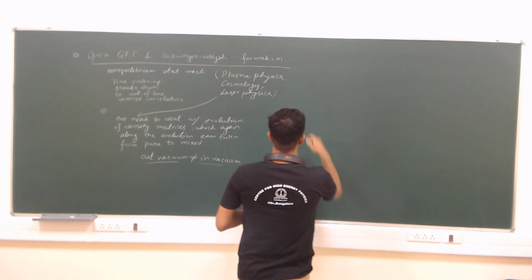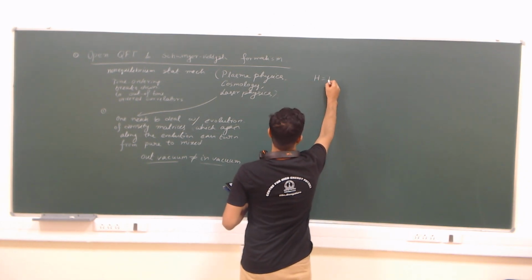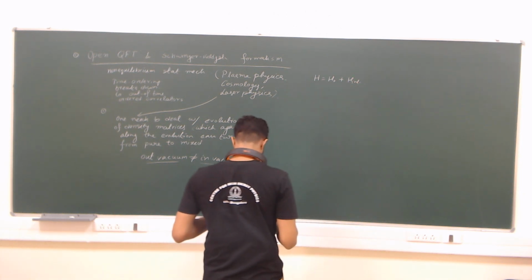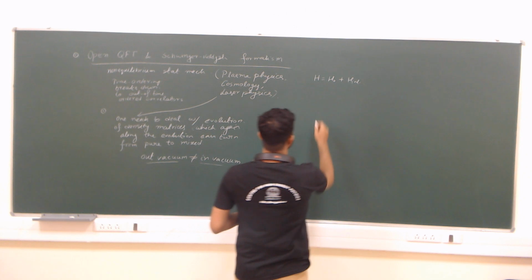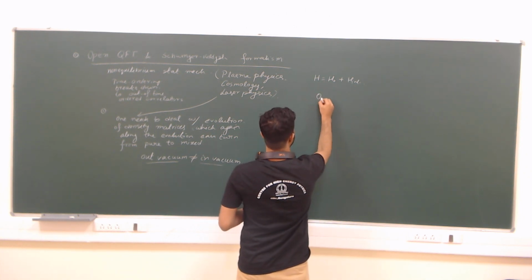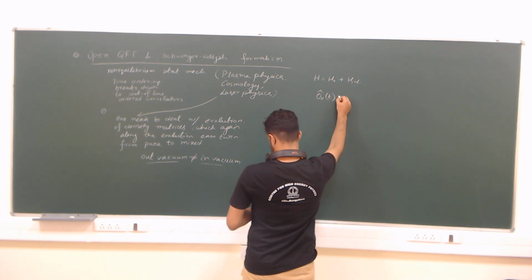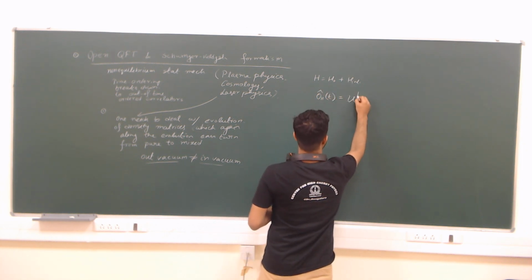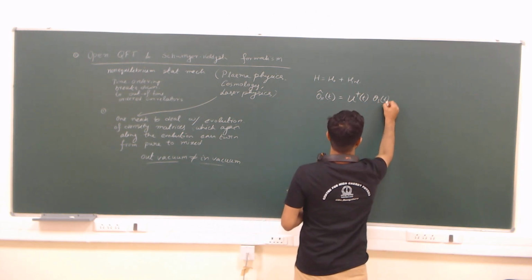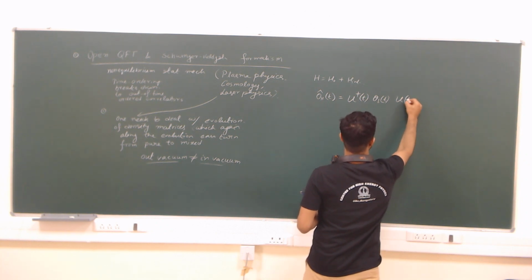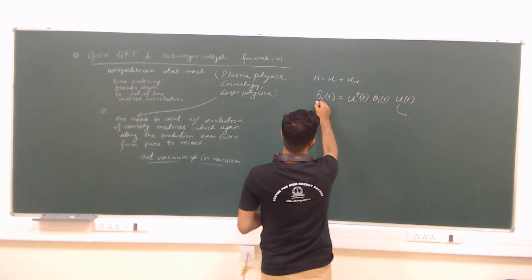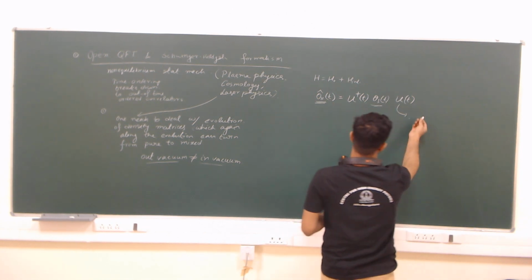To begin with, let's say you again have a free Hamiltonian plus an interacting part of the Hamiltonian. If we compare the interaction and Heisenberg pictures, this is the Heisenberg picture, and this is the interaction picture operator.